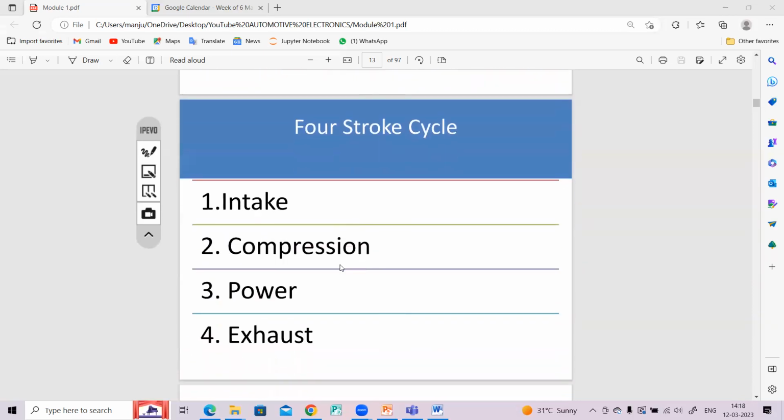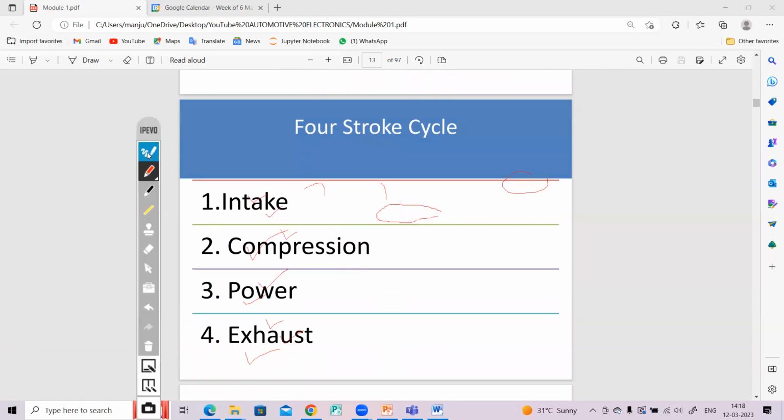Okay, if you go with the four-stroke cycle, first we'll consider intake, then compression, then power, and then exhaust. So this is a four-stroke: one stroke with respect to intake, another stroke for compression, power and exhaust.